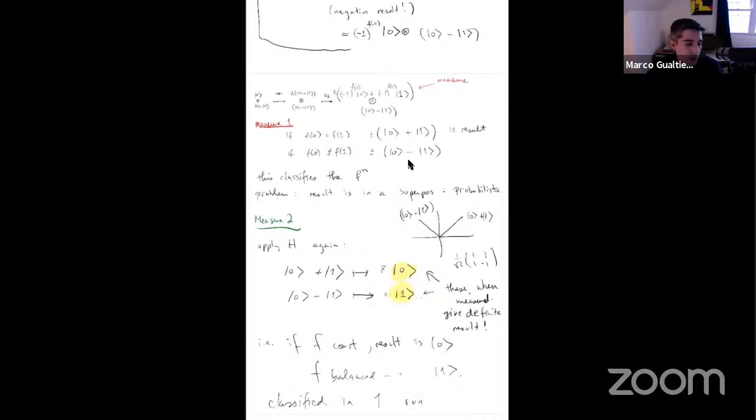Deutsch was one of the early pioneers in quantum computing, and with this simple idea, he kind of opened up the entire field. This simple algorithm, as simple as it is, holds the key to what you can do with quantum algorithms.